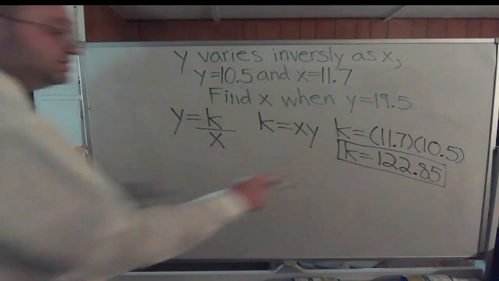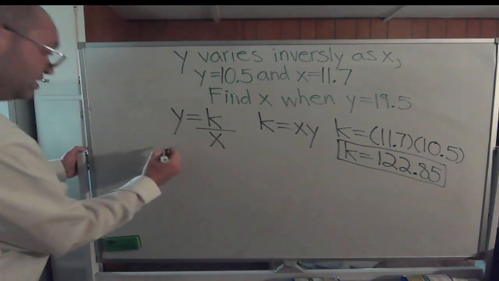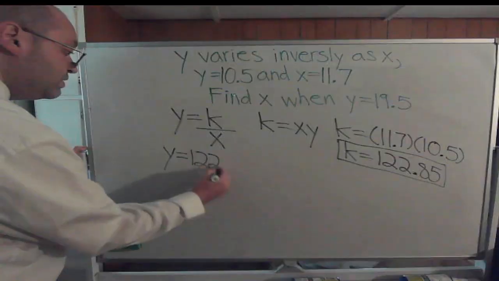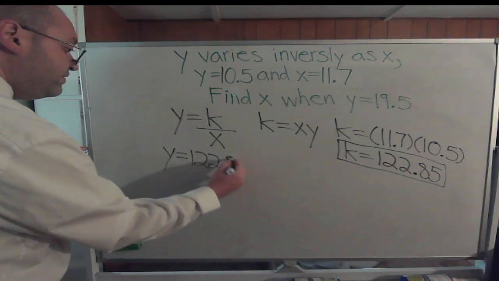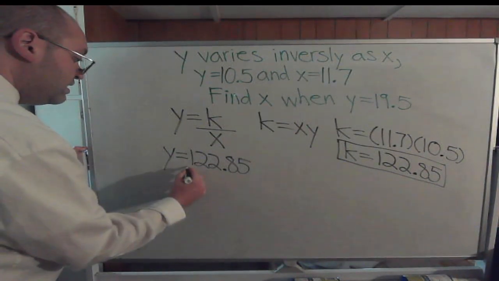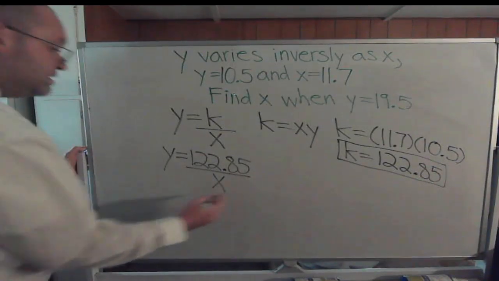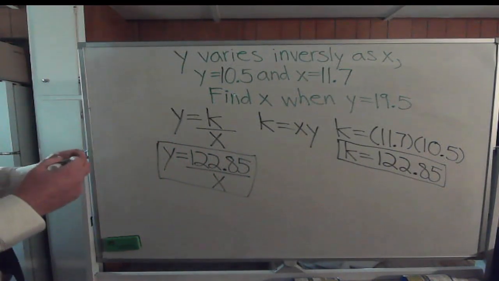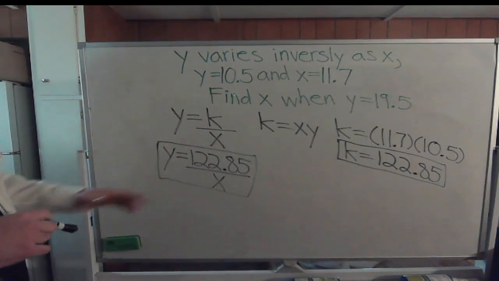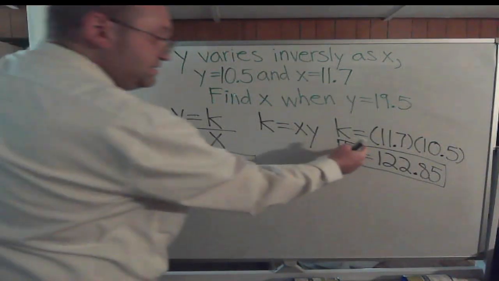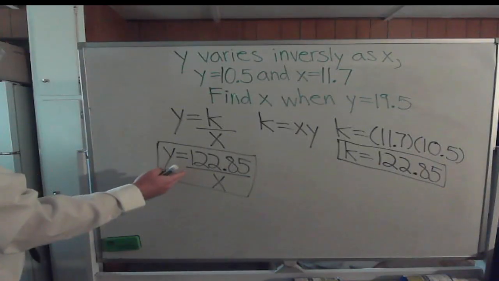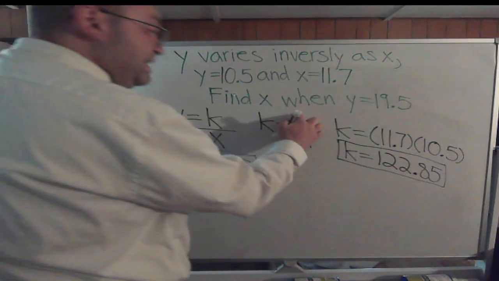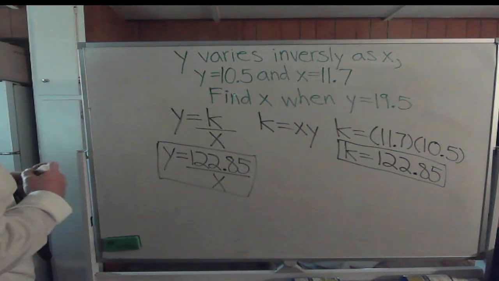Next thing you need to do is find the new equation, which will take the form of y equals 122.85 over x. So your new equation is y equals 122.85 over x. So now that you found your constant of variation and your new equation, you've got to focus on the last part now, which is find x when y equals 19.5.